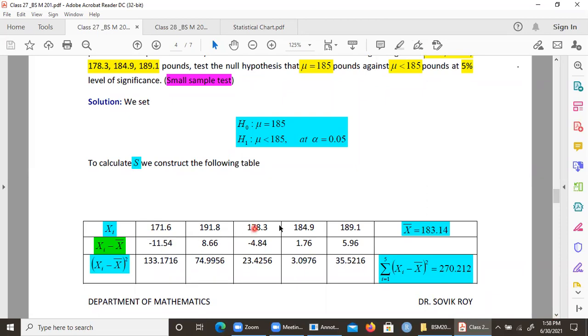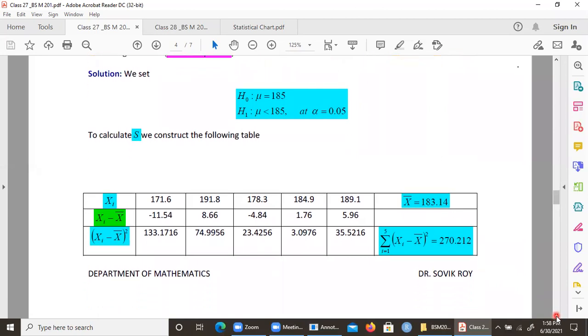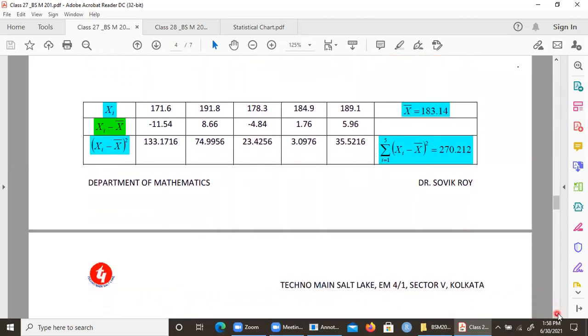So we have prepared this chart. Xi has these values from which you can easily calculate the mean. Xi minus X bar gives the deviations from the mean for individual points. And the sum of the squares of the deviations for these 5 samples has been calculated. This has been calculated because we need to calculate capital S, which is going to estimate the population standard deviation.